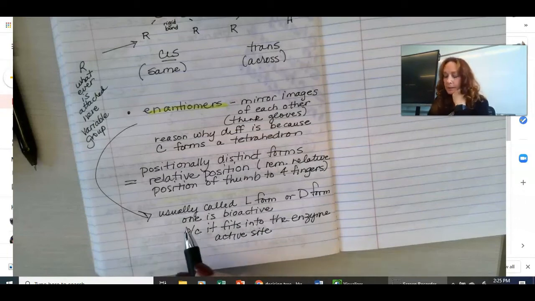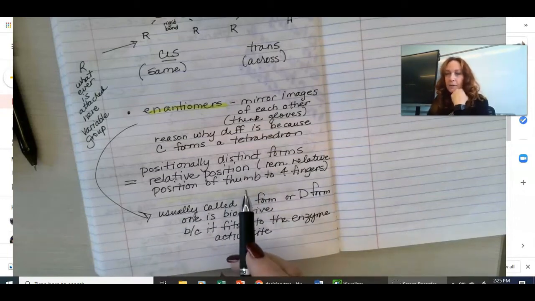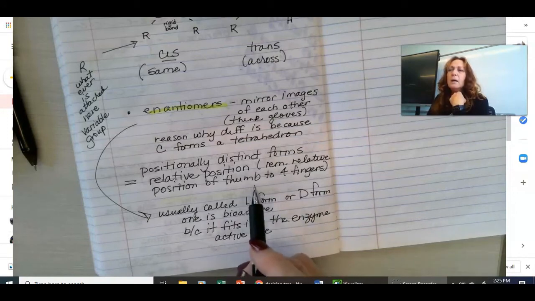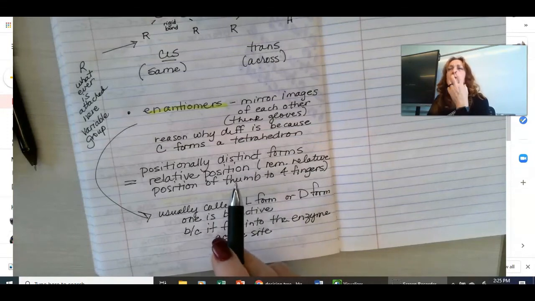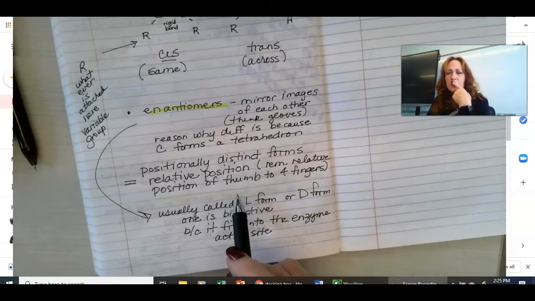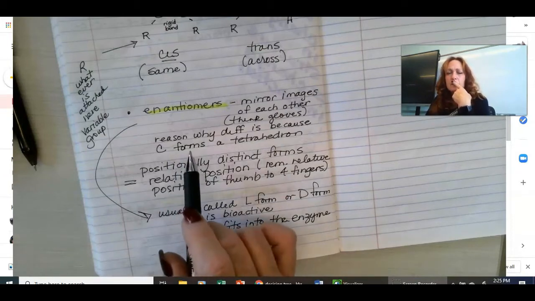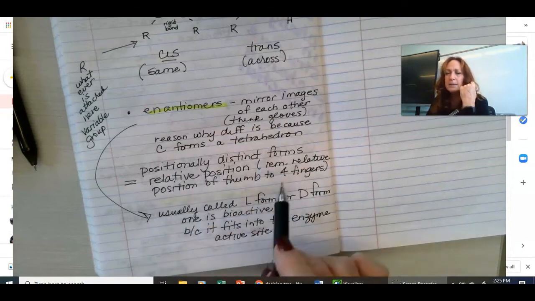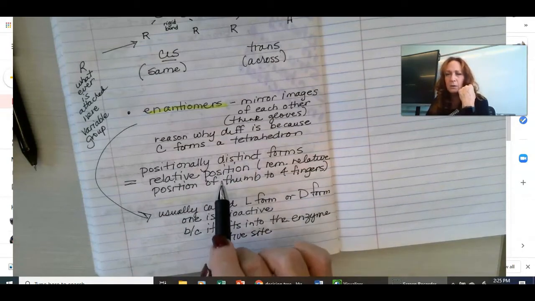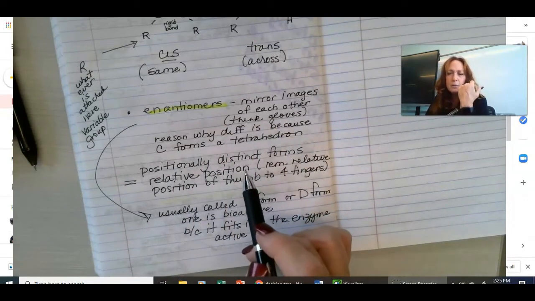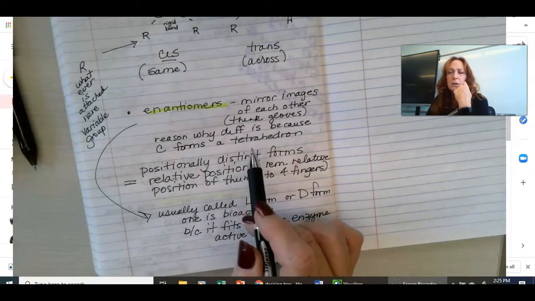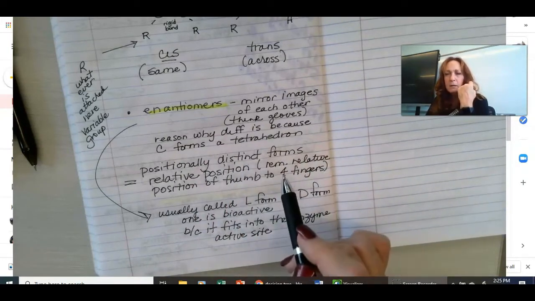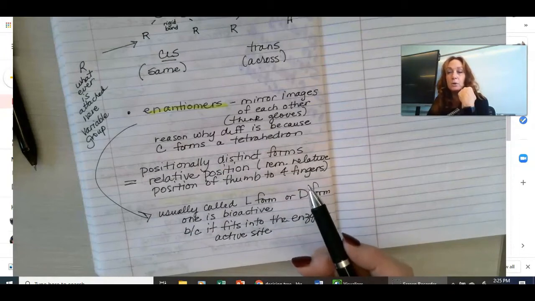So drug companies all the time make this. You have to be really careful, because a lot of times you'll buy vitamins or some type of supplement, and you're like, that's pretty cheap. I'm going to get that bottle. Well, only half of it's bioactive because they put both forms in there. If they take one form out, it's more expensive. Like if you get L, like tyrosine, then it's going to be the form that you can use.